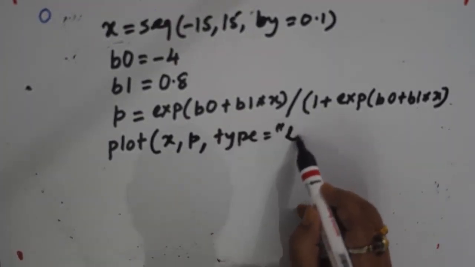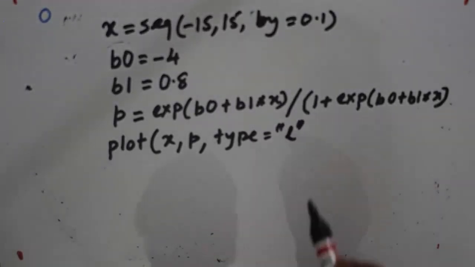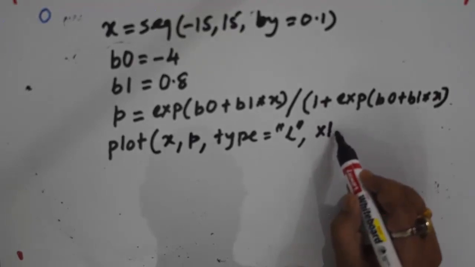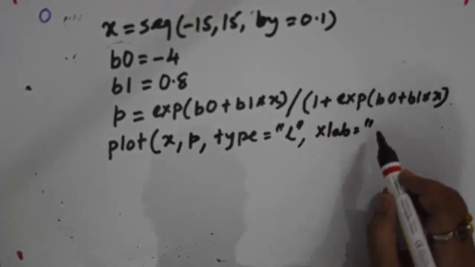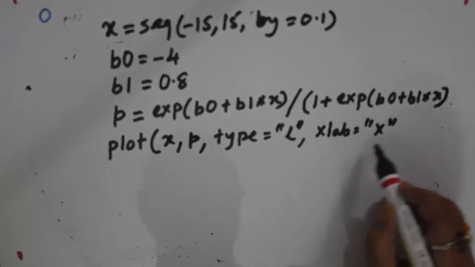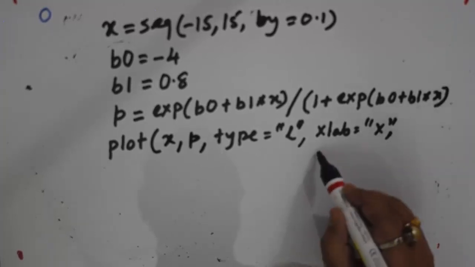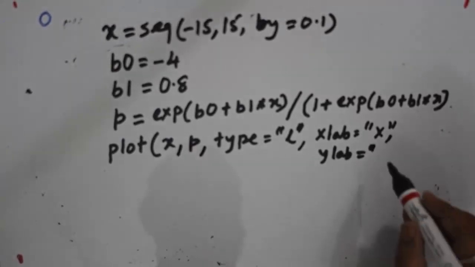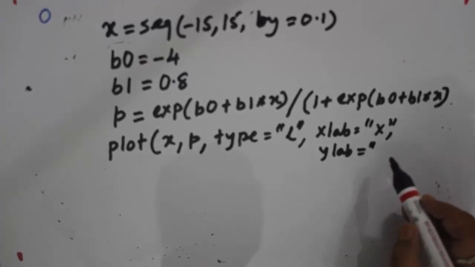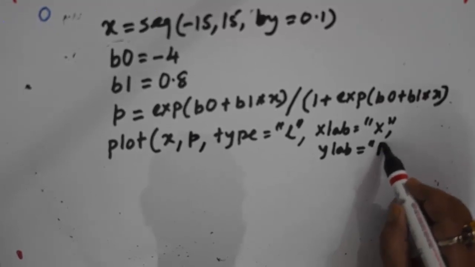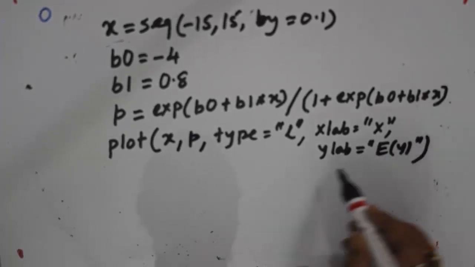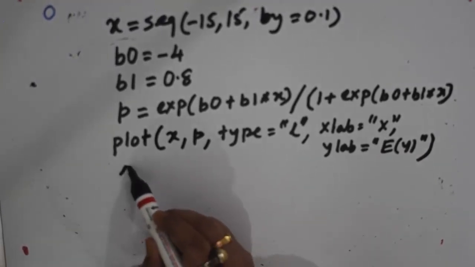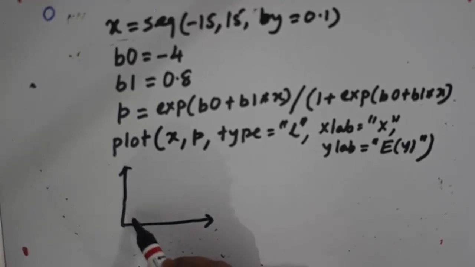Type equals "l" for line, xlab, ylab within inverted commas. Please write this in a single line, then you see that your curve looks like this.